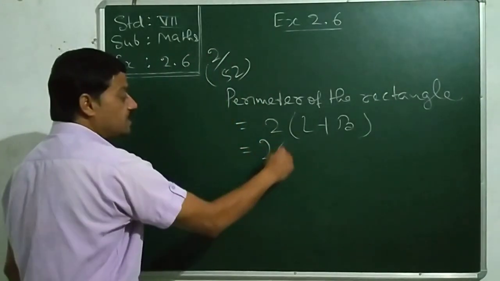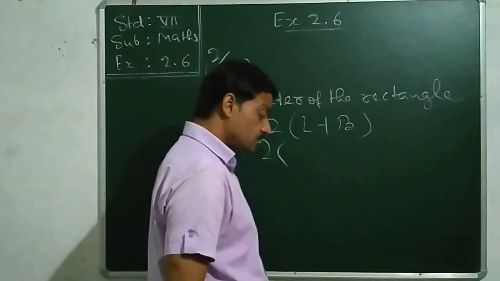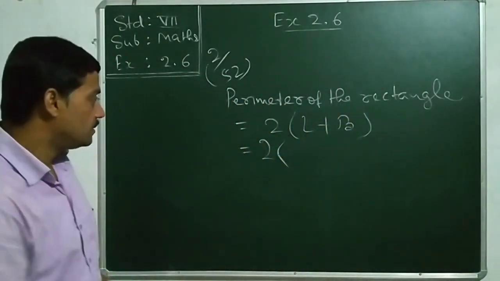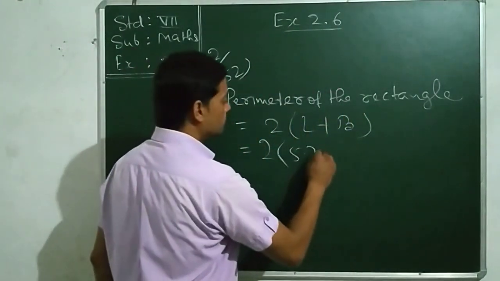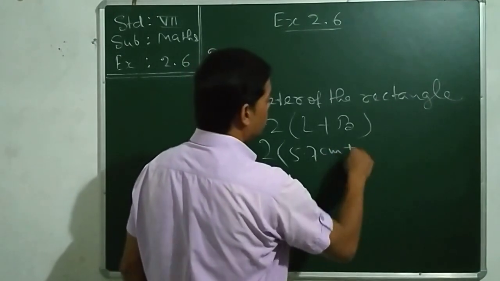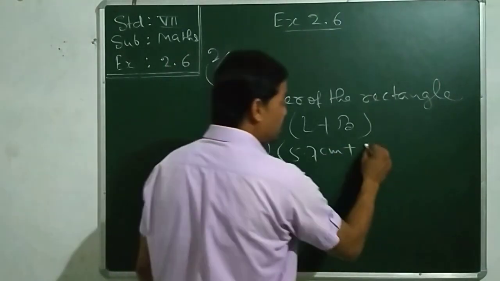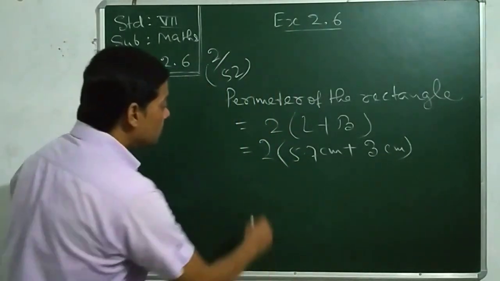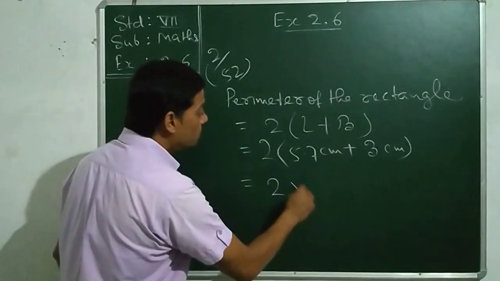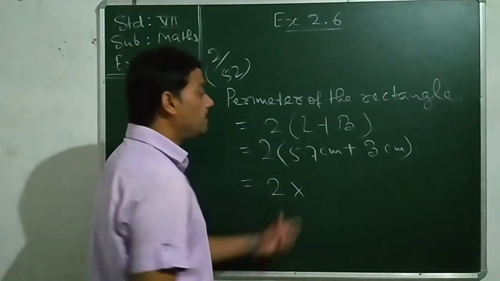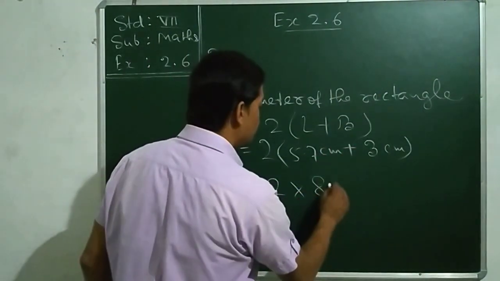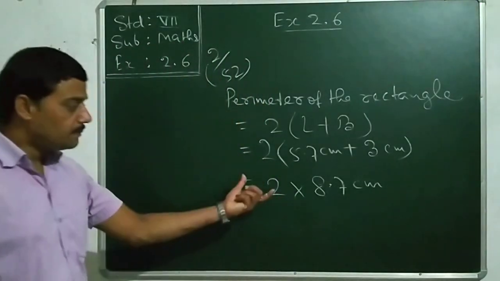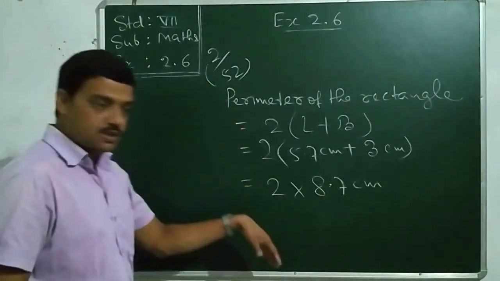Here the length is given as 5.7 cm plus breadth is given as 3 cm. 2 into (5.7 plus 3), that is 8.7 cm. Multiply it and find the perimeter yourself.